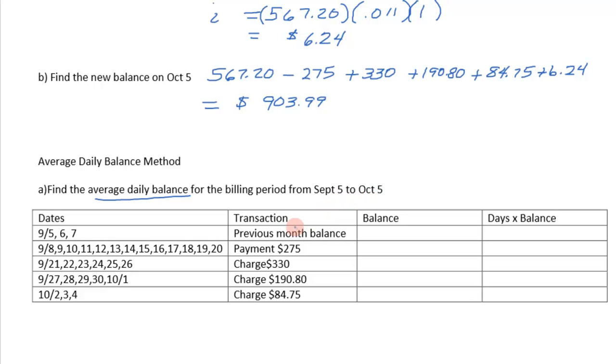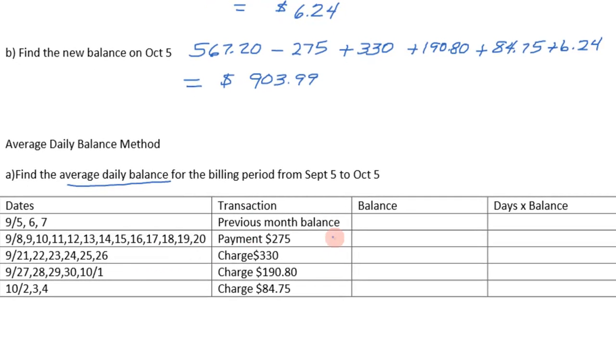So we take into account all of the different transactions that occurred during that month, and then we're going to find an average daily balance based on the days of the month and all of the transactions. So I find it helpful to make a table.